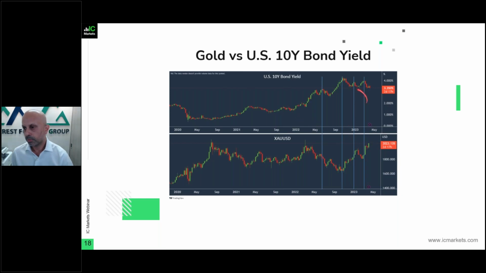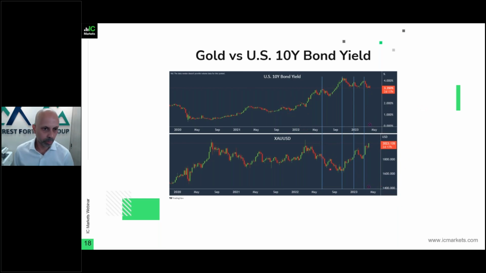Okay, so when you have a period of rising government bond yields, rising dollar index, this weighs on the price of gold, right? Even though we were in an inflationary period, price of gold actually started pulling back rapidly and then going higher.